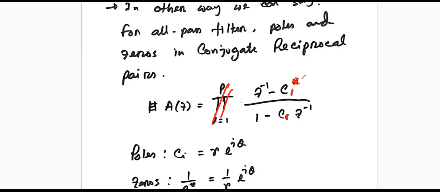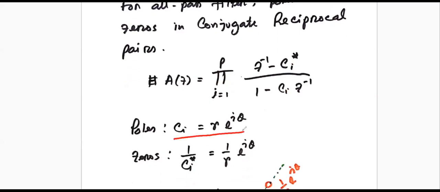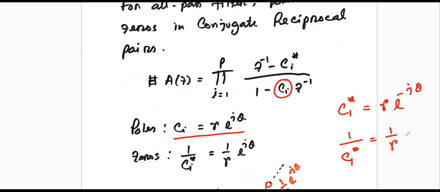So that is the process for the complex pole. So what does it mean? If we have c1 equal to r e to the power j theta, then the c1 conjugate is equal to r e to the power minus j theta, and 1 divided by c1 star, that means the conjugate of that, will be 1 divided by r e to the power j theta.